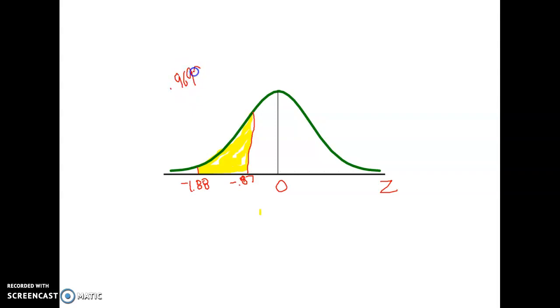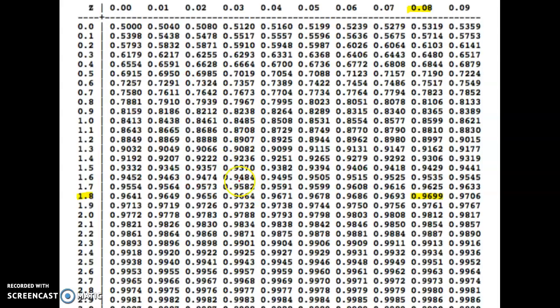We're going to have to subtract, obviously, this area here. So we need to find that area, and that takes us to the z-table looking for negative 0.87. Let's go to 0.8, and then across to the hundredths place, 0.07, we get this value here, 0.8078.